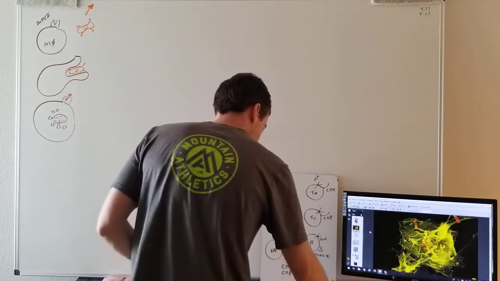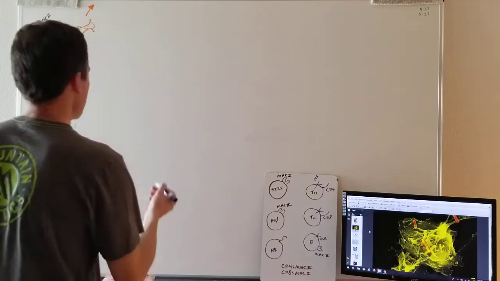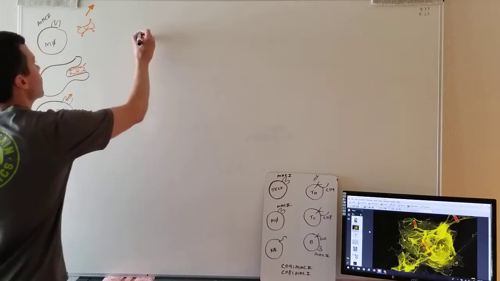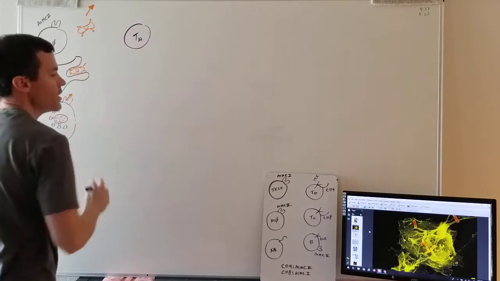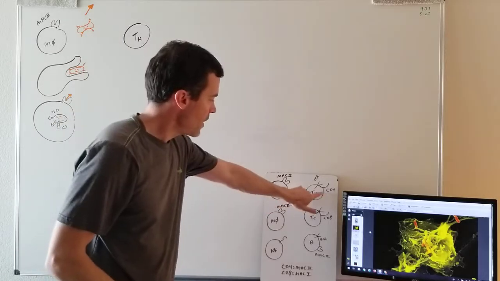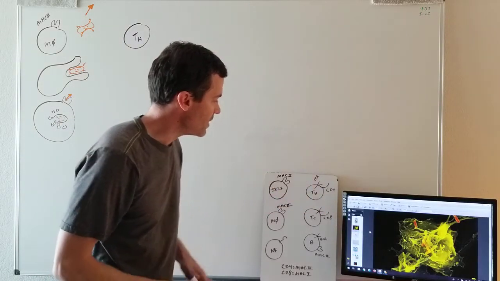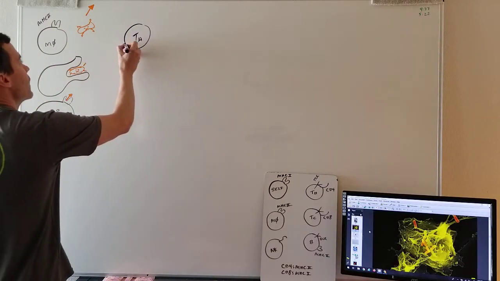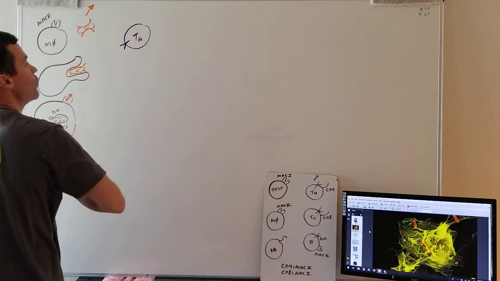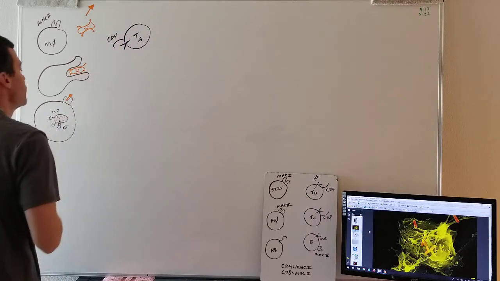Meanwhile, nearby, a helper T cell, TH. Helper T cells have a CD4 protein and a TCR, a T cell receptor. So meanwhile, over here I've got a helper T cell with its T cell receptor and its CD4 protein.